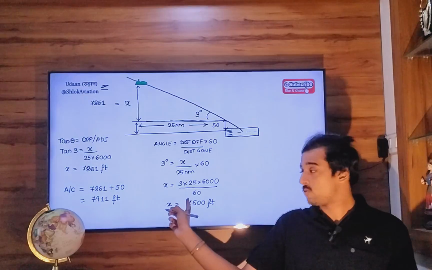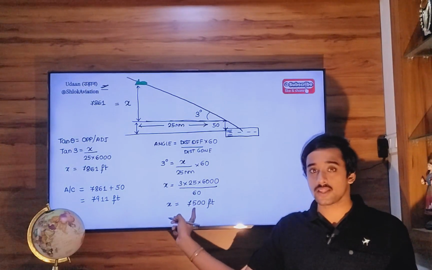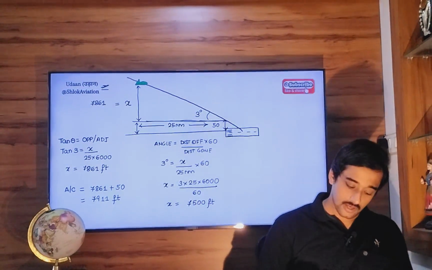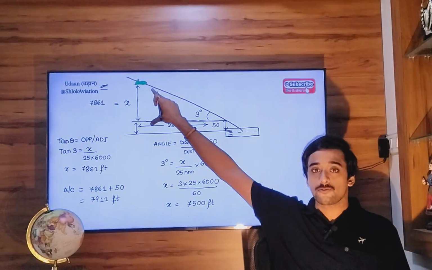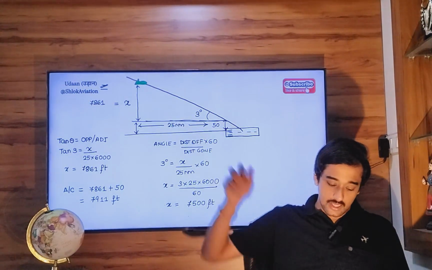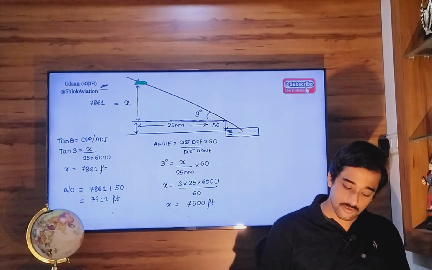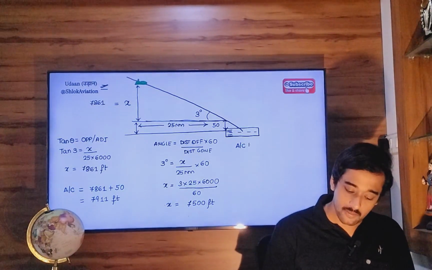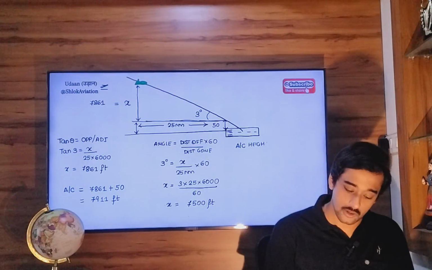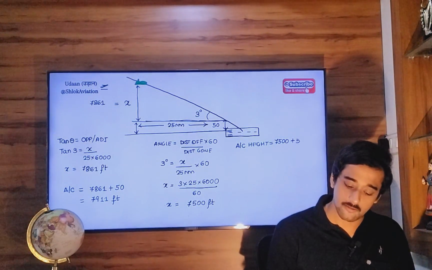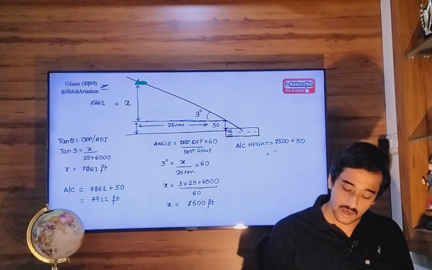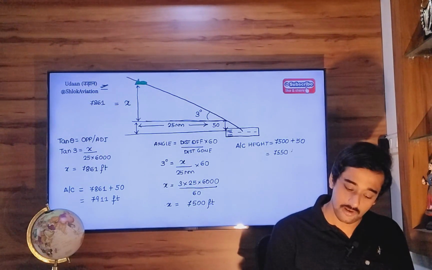Okay, so using the tan theta formula, we got the value of 7861. Using the 1 in 60 rule formula, we have got a value of 7500. This is the height of the aircraft with respect to the glide slope, which is 50 feet above the threshold. Now, total aircraft height above the runway threshold will be equal to 7500 plus 50, right? So 7550 feet.